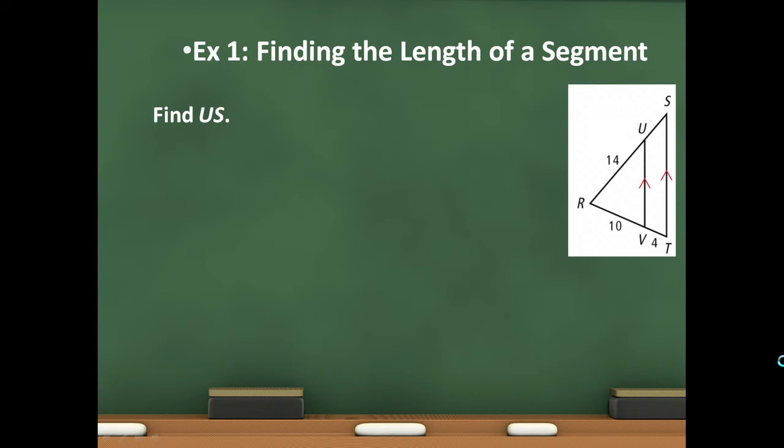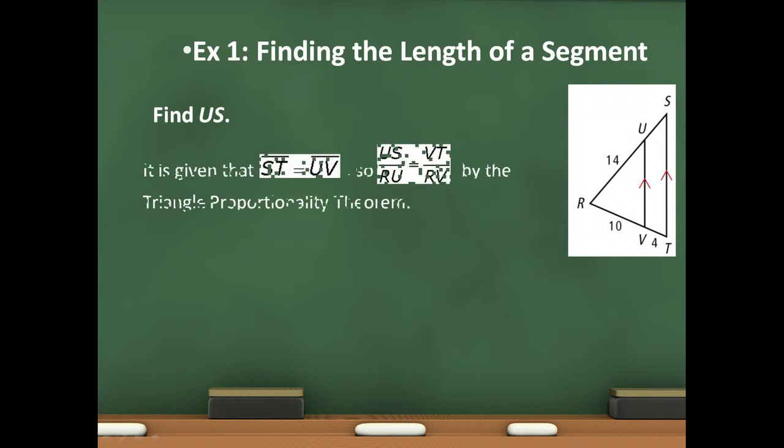In this problem, we want to find US. It's given that ST is parallel to UV. That shouldn't be equal, it should be parallel. So US over RU will be proportional to VT over RV by the triangle proportionality theorem.